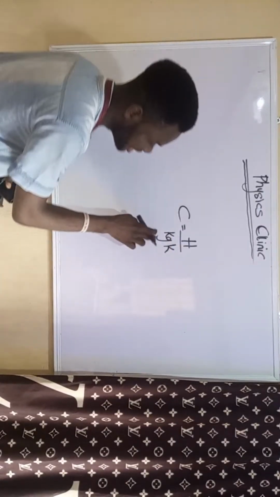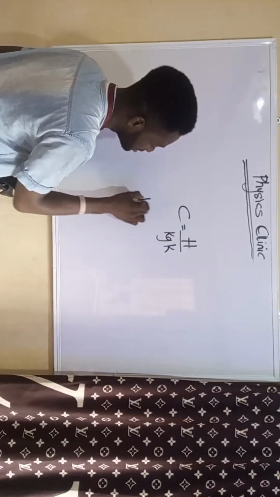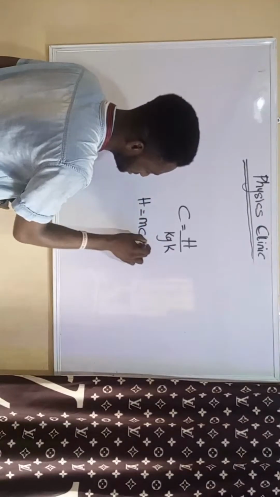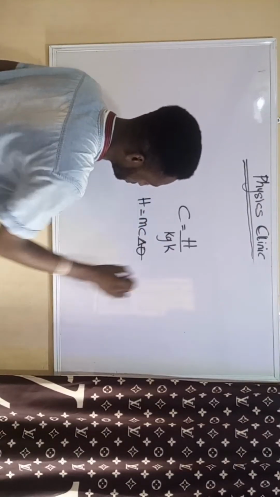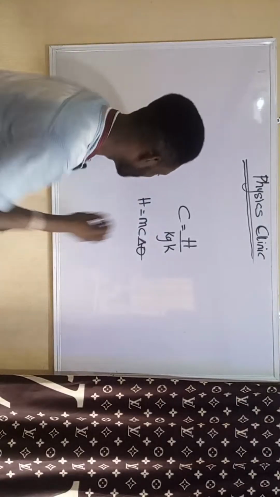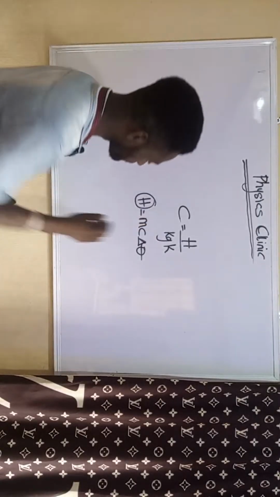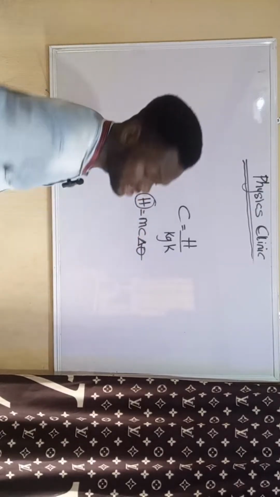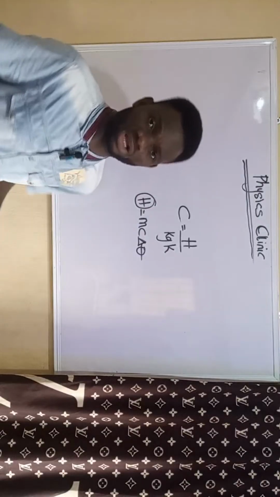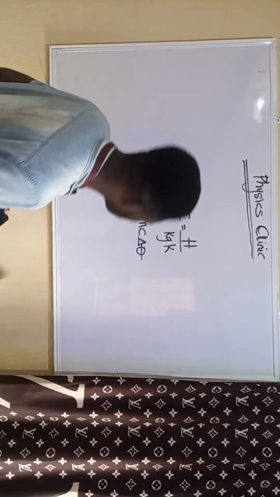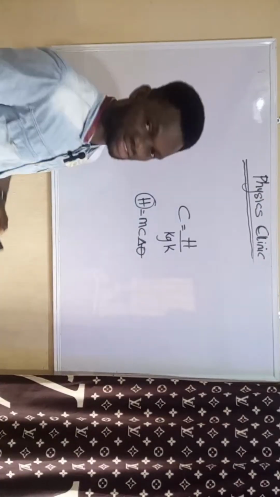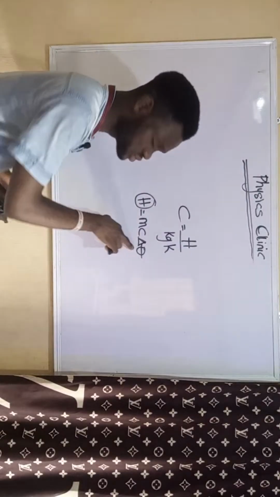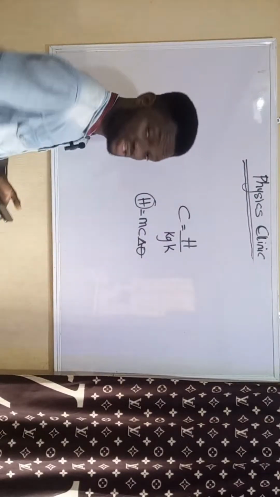Okay, and this formula takes its root in the heat quantity a body can possess, which is mc delta theta. I think I used theta last week. Where H is my heat quantity, m is the mass of the body, c is the specific heat capacity of that particular substance, while delta theta is the amount of change in the temperature of the body that resulted because of the application of heat.